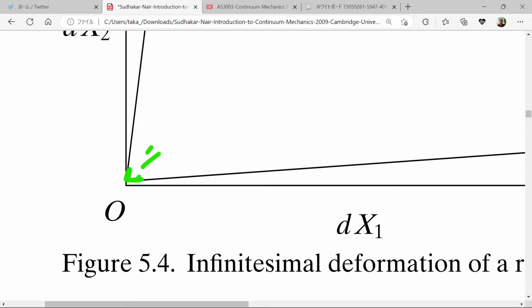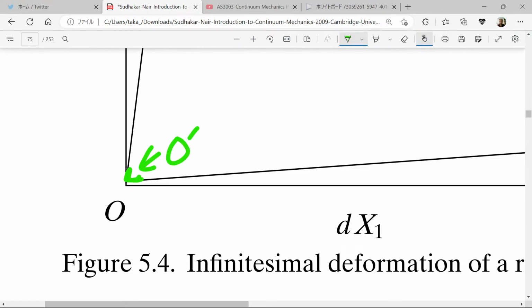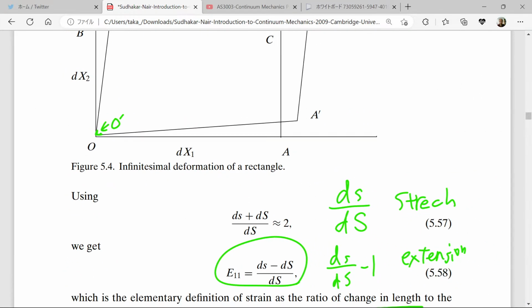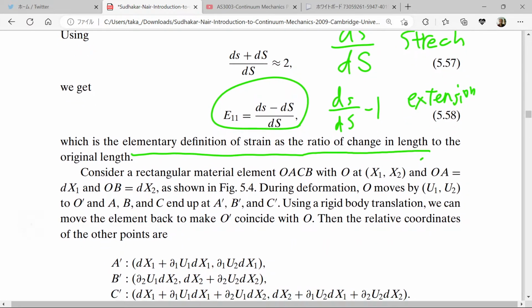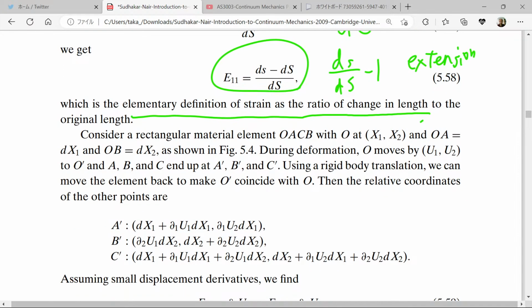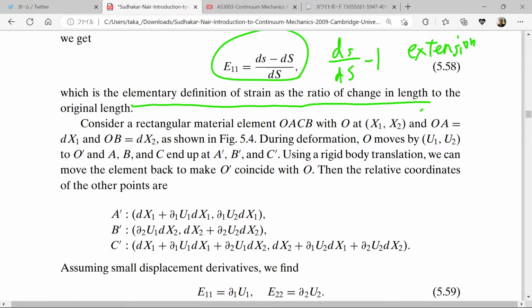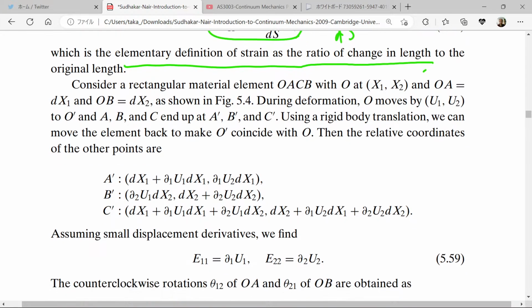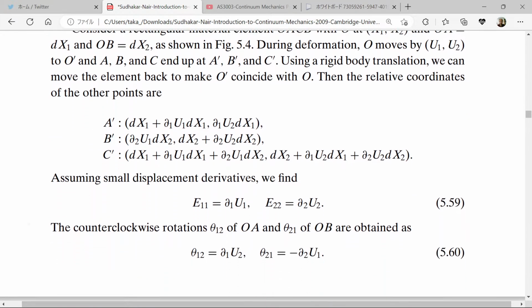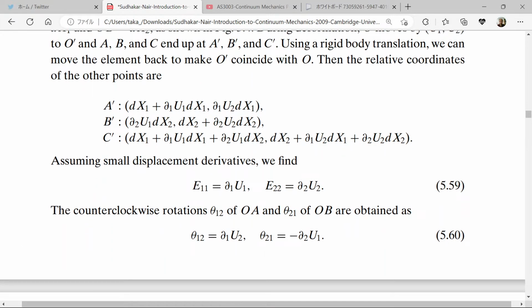So O moves to O prime. A, B, C end up at A prime, B prime, C prime.